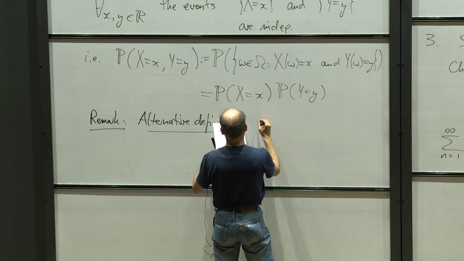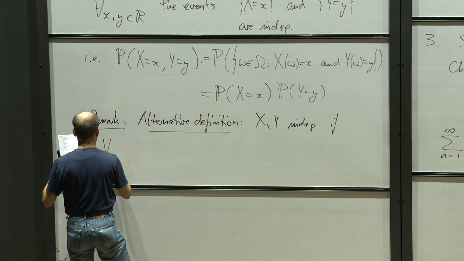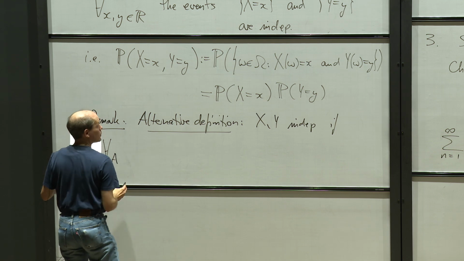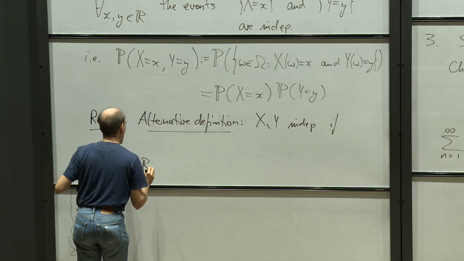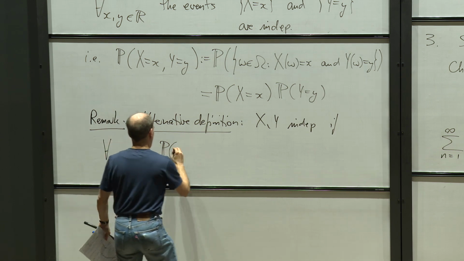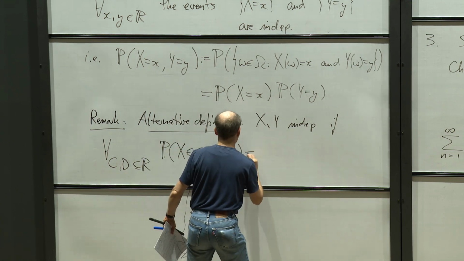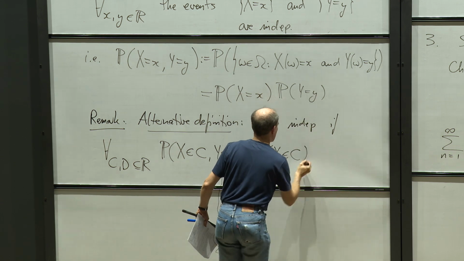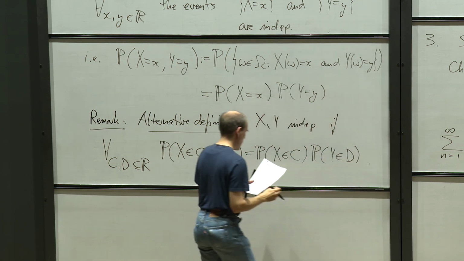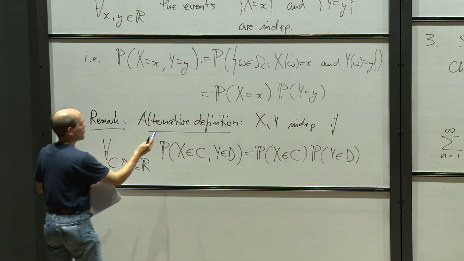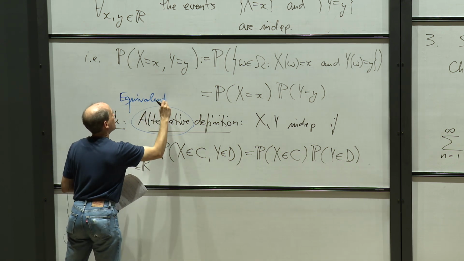X and Y are independent if for all C and D subsets of R, the probability that X is in C and Y is in D is equal to the probability of X in C times the probability of Y being in D. Okay, so an alternative definition only makes sense if it is an equivalent definition, and that's the purpose of the problem sheet question.